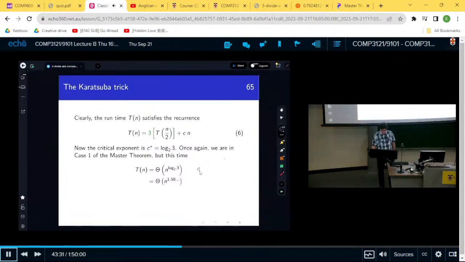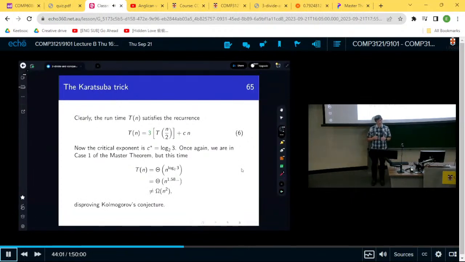So if we compare the critical polynomial n to the power log 2 of 3 against this f of n, we see that this is much larger than this one asymptotically, so the running time is dominated actually by the size of the recursion tree.